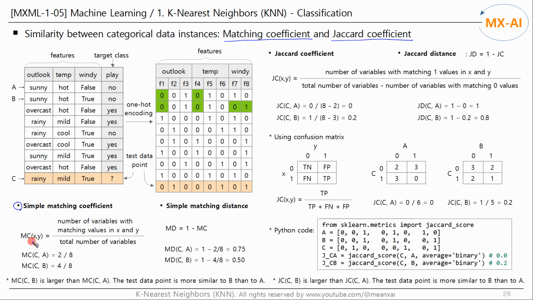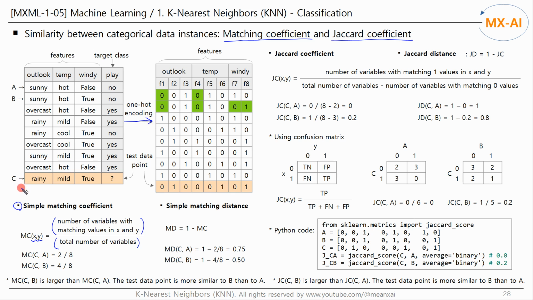For two data instances x and y, the simple matching coefficient is defined as the ratio of the number of variables with matching values in the two instances to the total number of variables. The matching coefficient is more suitable for binary data. So we one-hot encode this dataset as follows.